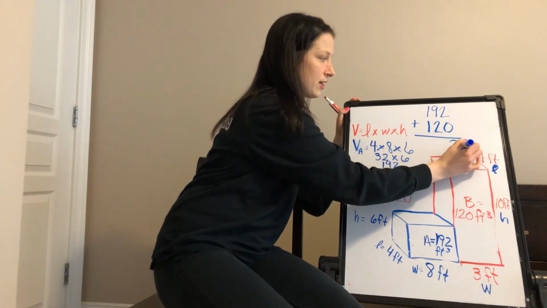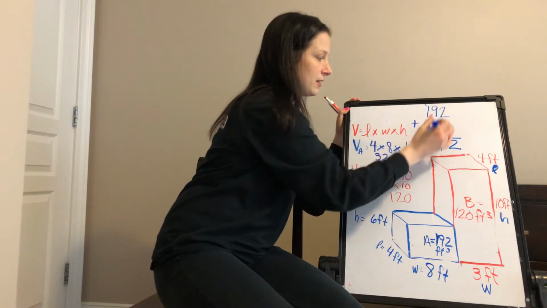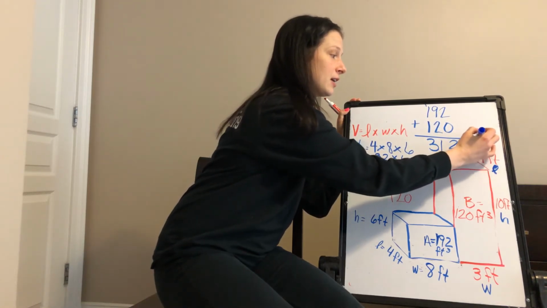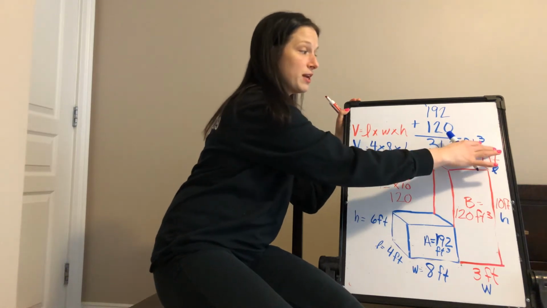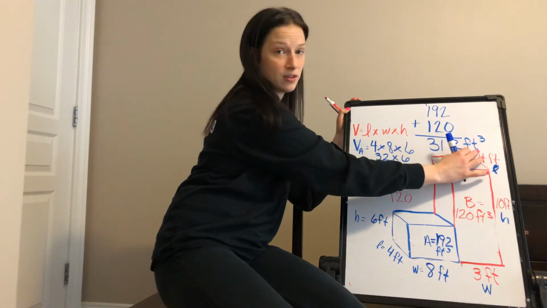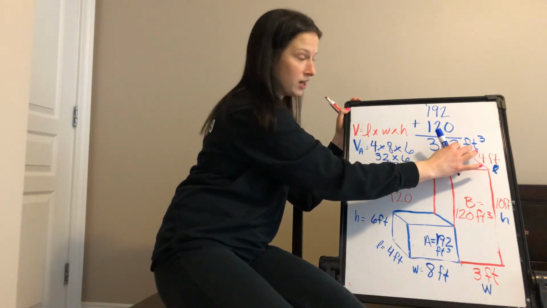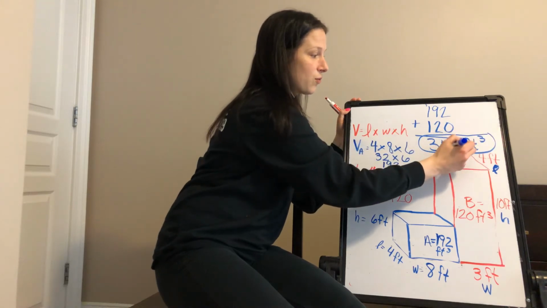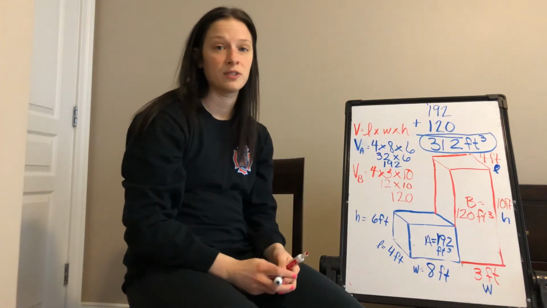You can use the standard algorithm here. And we're going to label feet cubed. There's 3 different dimensions. Your 3 goes up here in the air after the feet, not before. So our final answer is 312 feet cubed.